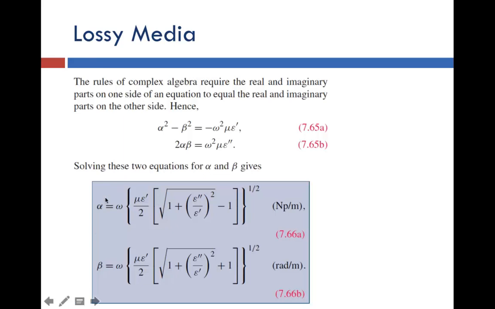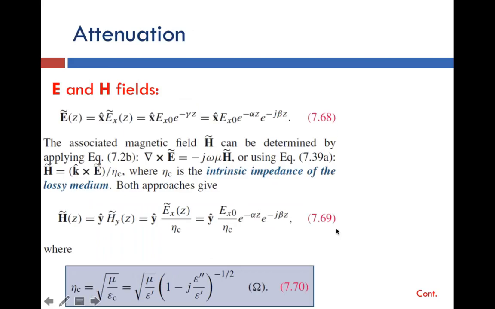So you can see that both alpha and beta are functions of mu, epsilon prime, and epsilon double prime, which is a function of sigma, and then one of them has a minus 1 and one of them has a plus 1. And notice that omega enters here prominently. So both alpha and beta are frequency dependent in their magnitudes.